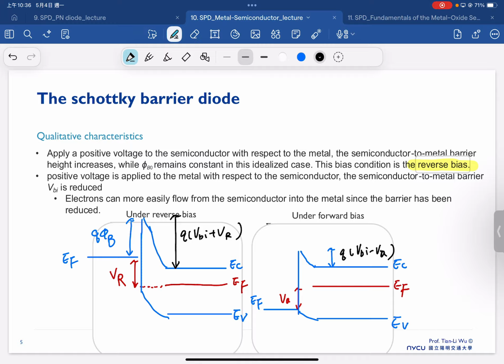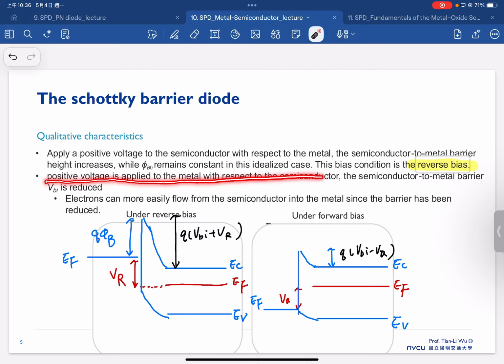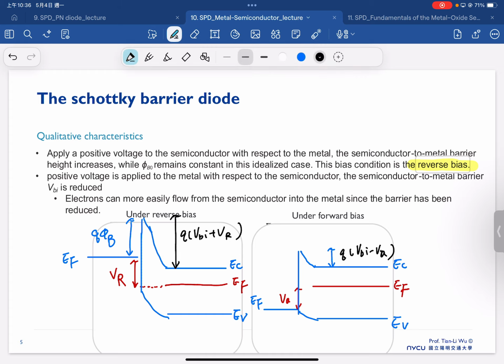So once a positive voltage is applied to the metal with respect to the semiconductor, the semiconductor-to-metal barrier VBI is reduced. Because once it's reduced, the electrons can more easily flow from the semiconductor into the metal since the barrier is reduced.